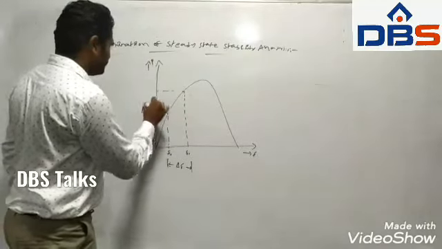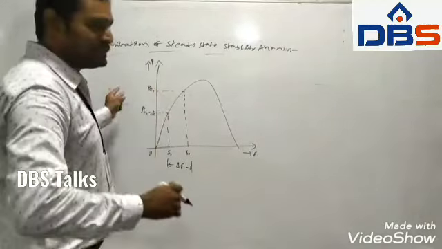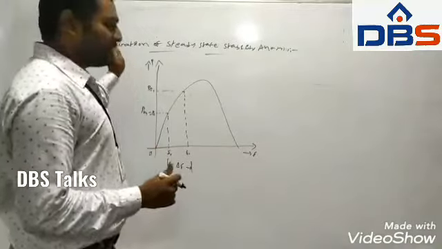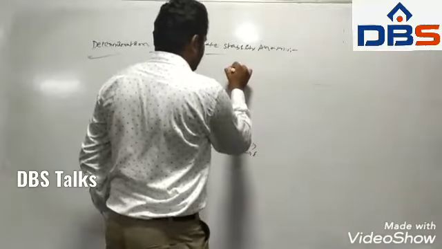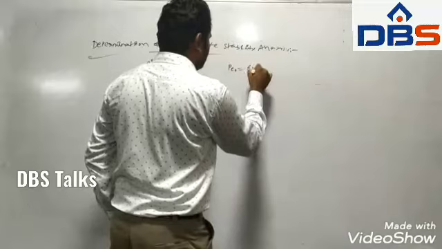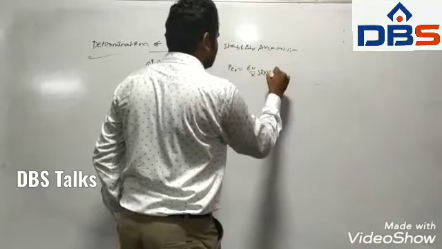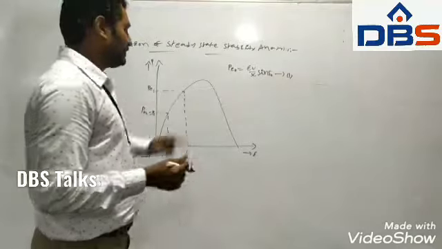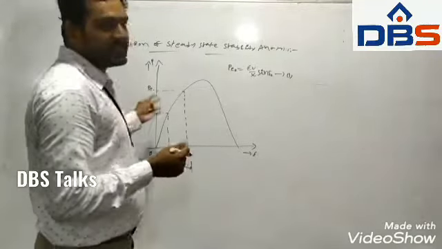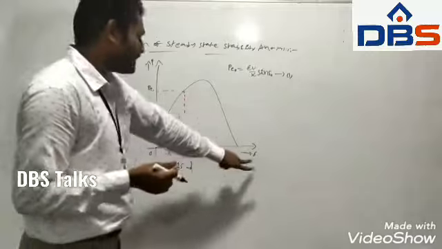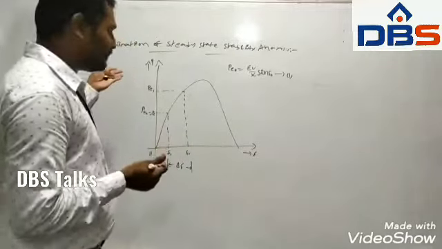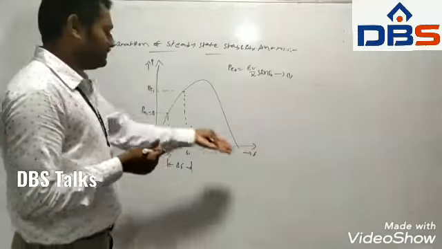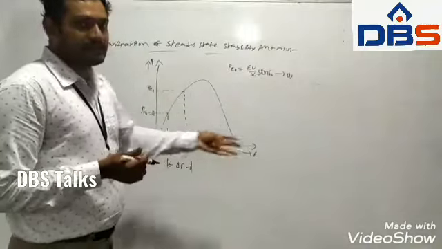PM is equal to PE at this condition, and this is PE1. From equation 1, PE0 is equal to EV by X into sin delta naught, we said that the electrical output power varies sinusoidally with respect to the load angle delta.